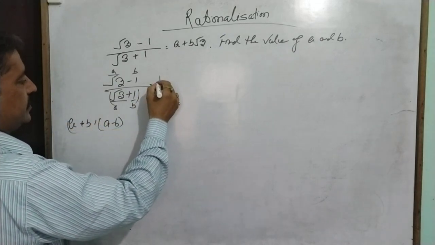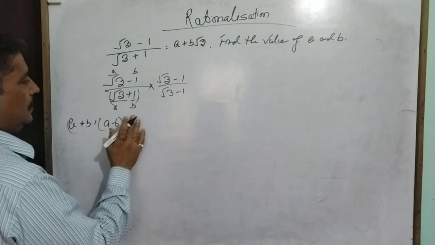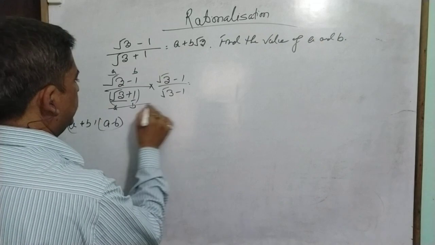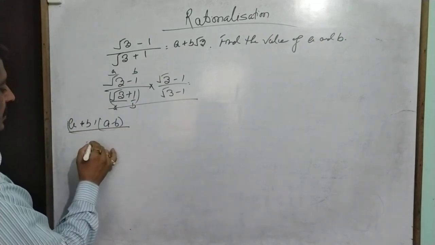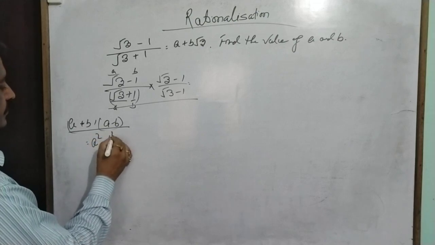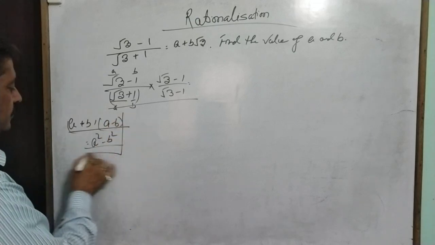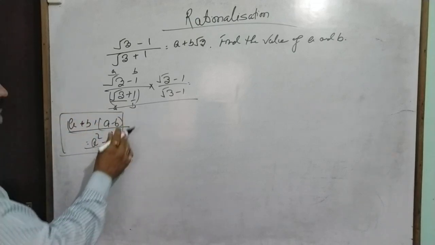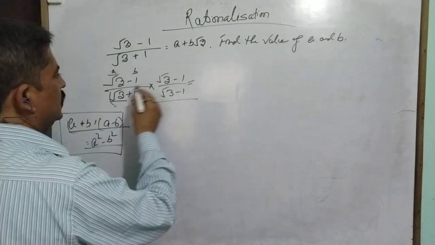So multiply by root 3 minus 1, because the denominator is in the form a plus b or a minus b, and the form a square minus b square is used for rationalization.